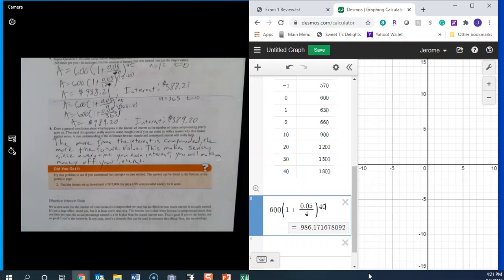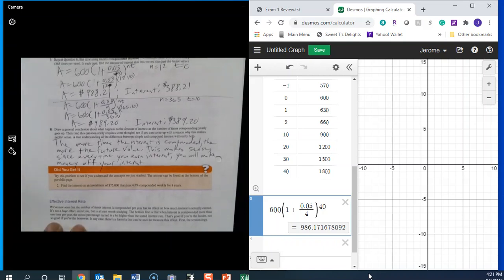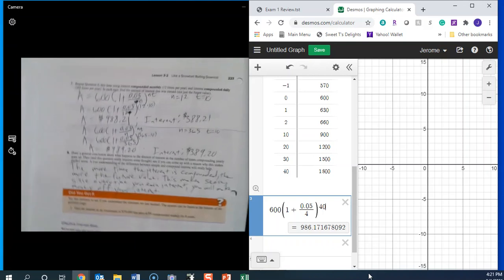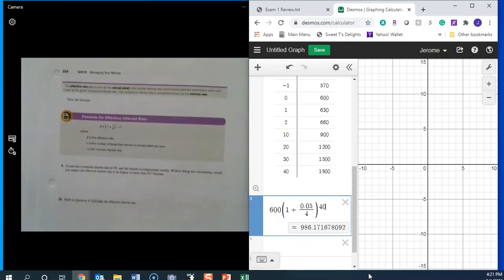Okay, now we move on to the next page. And on this next page, on page 224, we're actually dealing with effective rate.